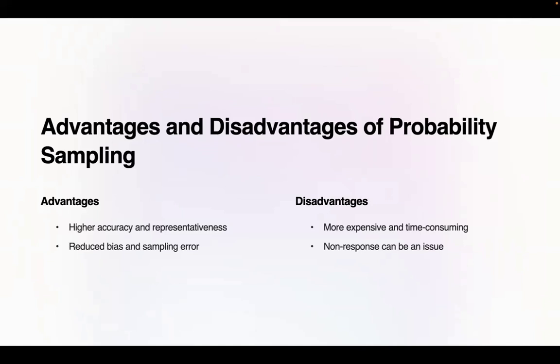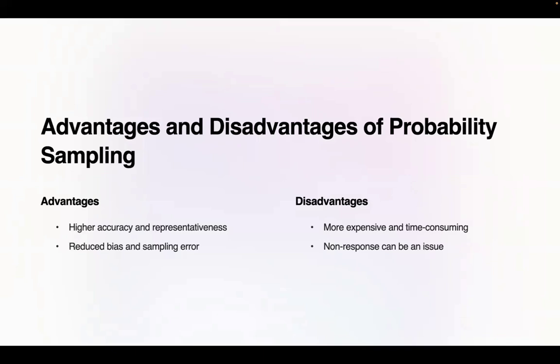The advantage is that probability sampling has higher accuracy and representativeness because the people have a chance to get selected. And the second is it reduces biases and sampling error. The disadvantage is it is more expensive and a time-consuming process, and there can be the issue of non-response.